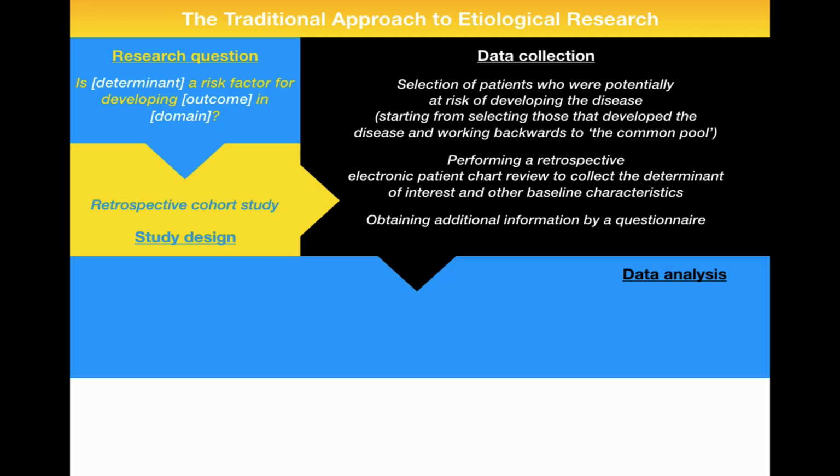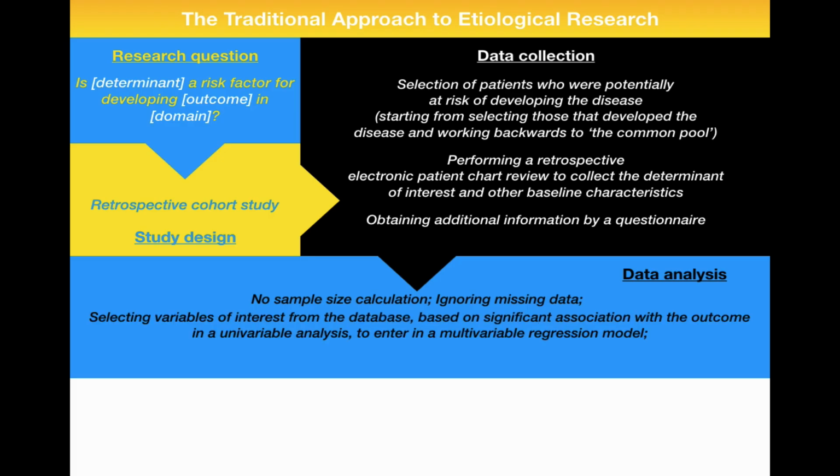And in the data analysis, oftentimes no sample size calculation is performed, and missing data are just simply ignored. Furthermore, variables of interest are selected from the database based on significant associations with the outcome in a univariable analysis, so that only the significant factors are entered in a multivariable regression model, and that multivariable regression model oftentimes is heavily overfitted when the sample size is limited.